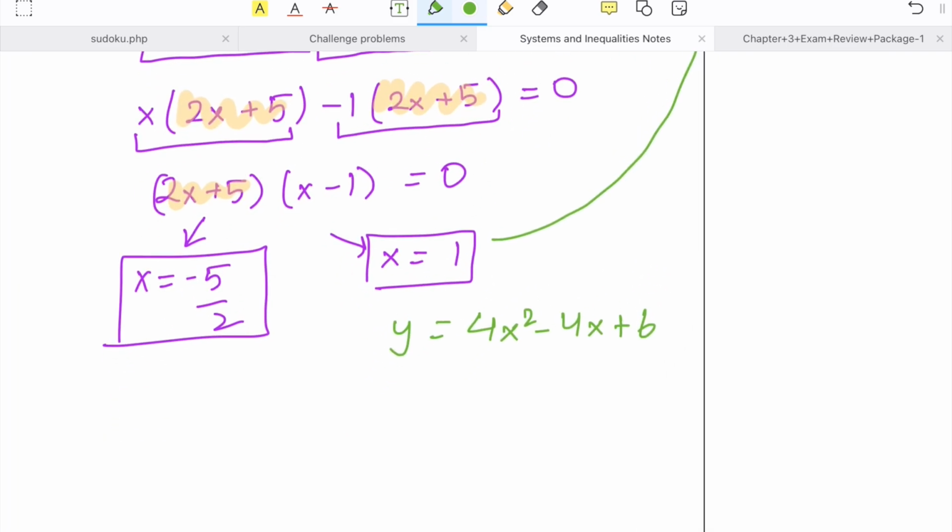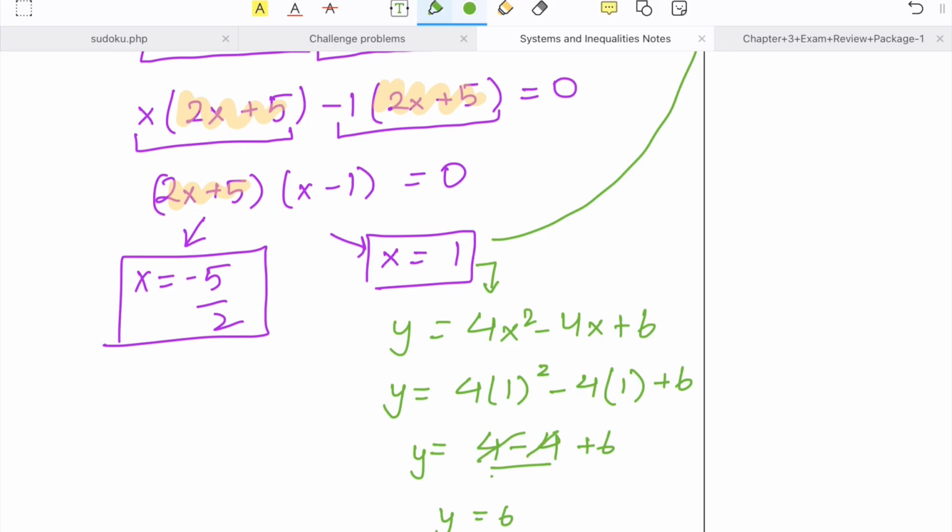I'll input the value of 1 as x. So y is equal to 4 times 1 squared minus 4 times 1 plus 6. 4 minus 4 plus 6. 4 minus 4 is 0. So y will be equal to 6. And my point will be 1, comma 6 for this one.